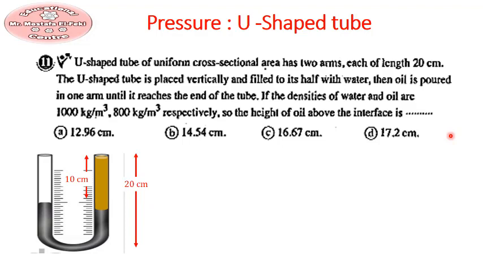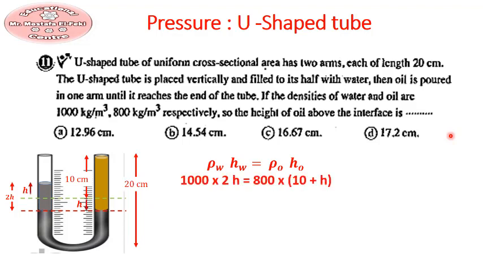Oil is poured to decrease the level of water, for example by H, and the height of water increases on the other side by H. Then the height difference of water is 2H. Rho water H water equals rho oil H oil.